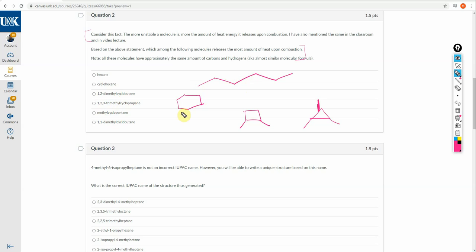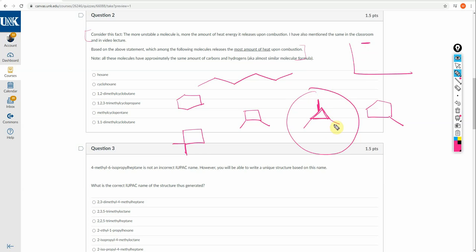So 1,2,3-trimethyl cyclopropane is here, and then methyl cyclopentane is this, and 1,1-dimethyl cyclobutane is an isomer of this molecule. So between these molecules, this is going to be the one that is the most unstable, which means it has the highest amount of energy, because it has the greatest amount of strain in the cyclopropane ring.